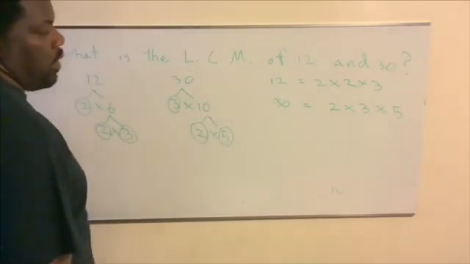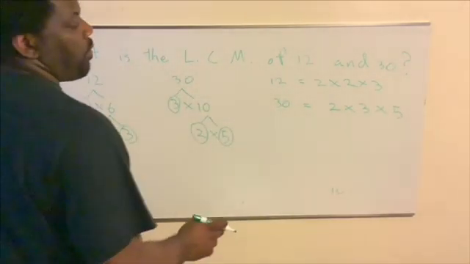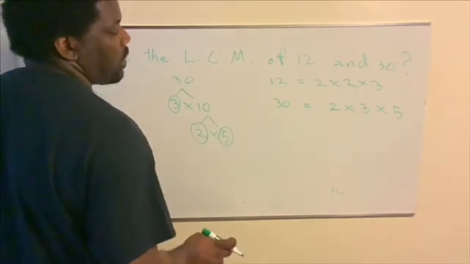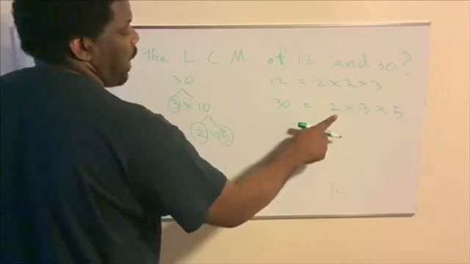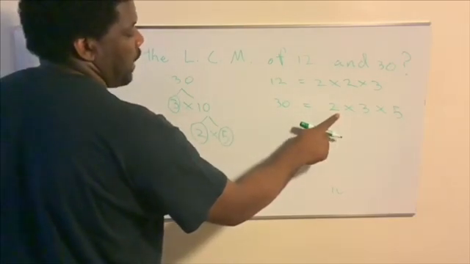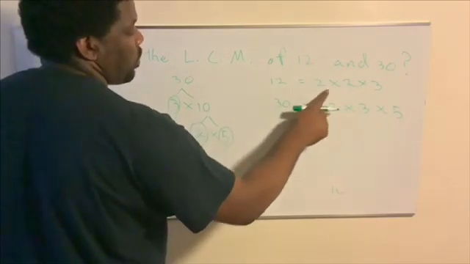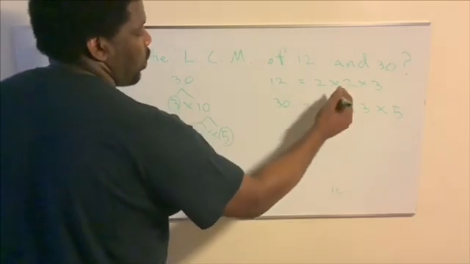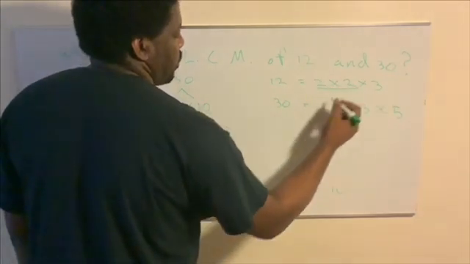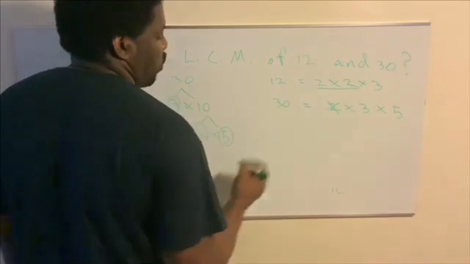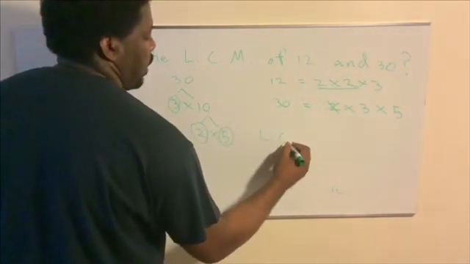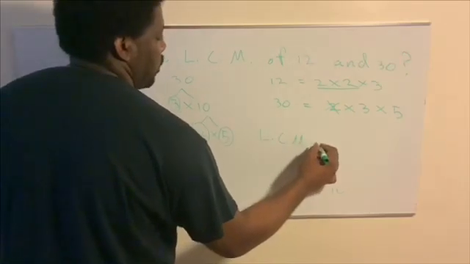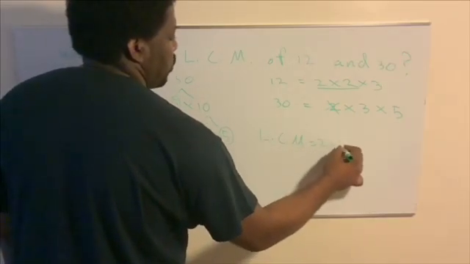Again we are comparing all prime factors and using the greatest amount that occurs in either one of our numbers. So we have 2's: we have one here, but we have two here, so we're going to go with two 2's. We cross out what we're not using. So LCM is equal to 2 times 2.